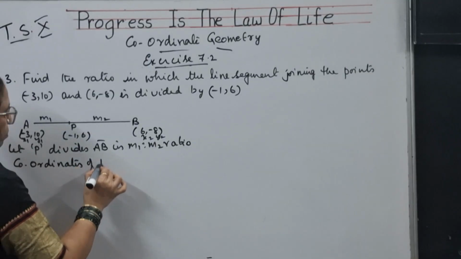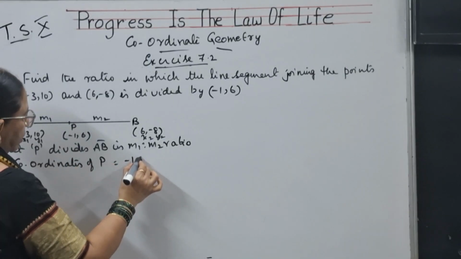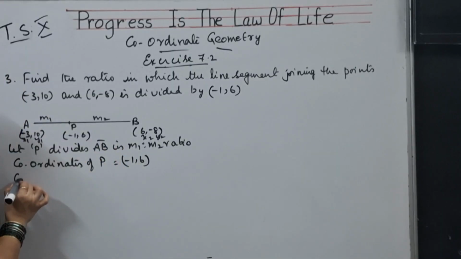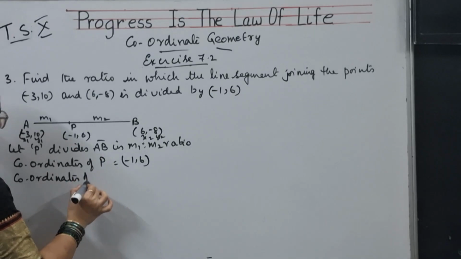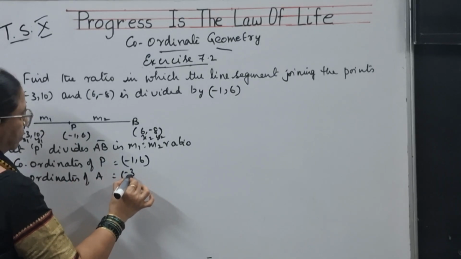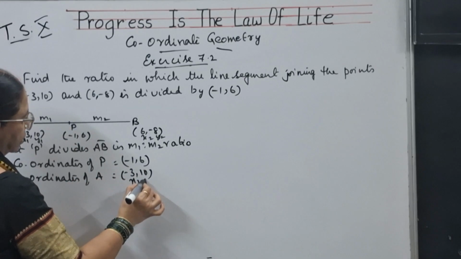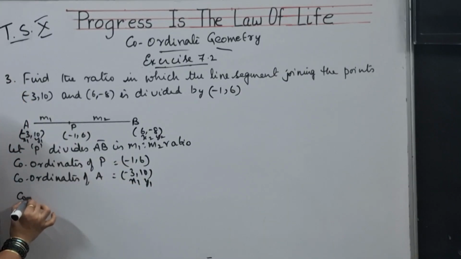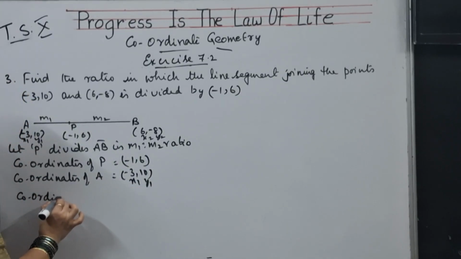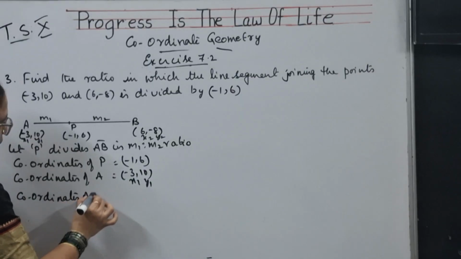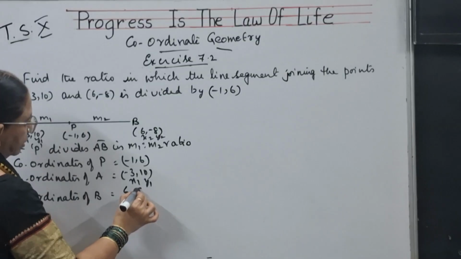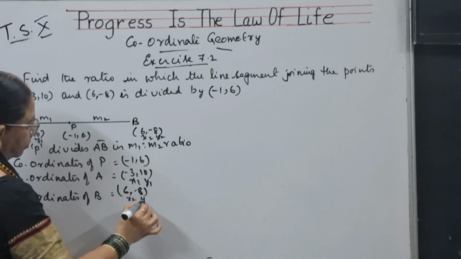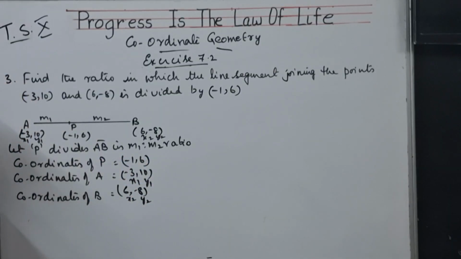Coordinates of P is given as minus 1 comma 6, and coordinates of A is equal to minus 3 comma 10. We are considering this as x1, y1, and coordinates of B is equal to 6 comma minus 8. This is x2 and y2. So let us find out how to find out the ratio.